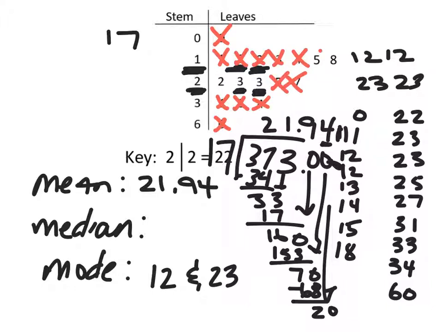Small, then large, small, then large, small, then large. I end up with this value right here, being in the middle: 22, 2 tens and 2 ones. The value of the median is 22. Measures of center can be found by reading or interpreting a stem and leaf plot.